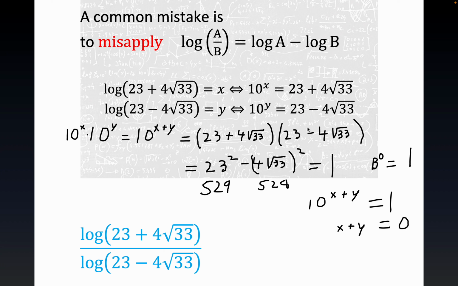Remember the assignments that we made right here: this expression is just equal to x over y, from the definitions of converting a logarithmic statement to an exponential statement, right? But we also know that x now is equal to minus y.